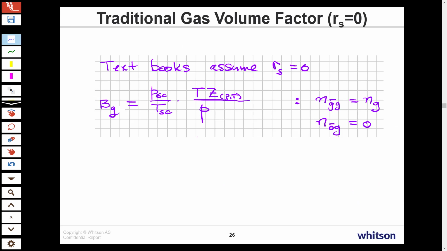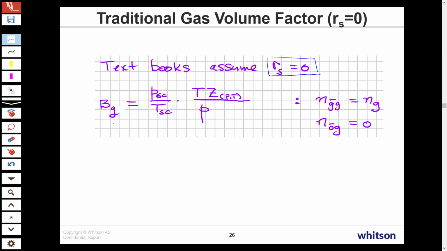Now, most textbooks in petroleum engineering will make the assumption that all reservoir gas ends up being surface gas and there is no condensate. That's just because historically there was not so much condensate being brought to the surface that it had a big impact on the economics. So they basically assumed that the solution oil gas ratio was approximately 0. They neglected it.